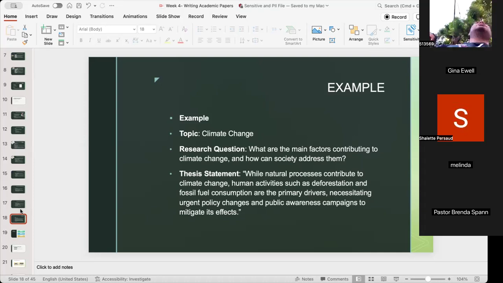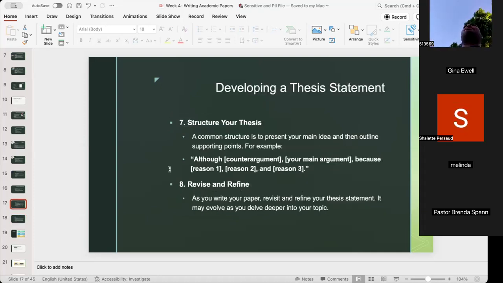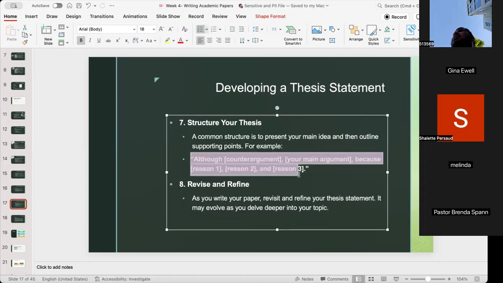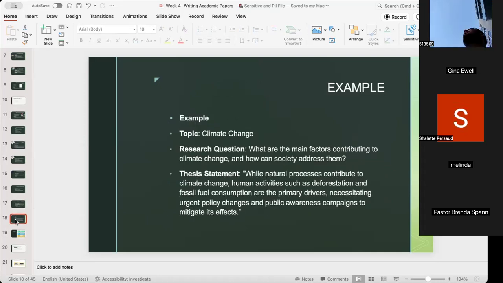So just like the example on the last slide about how to phrase your thesis statement, this example does that. It uses the word while, and then it says, yes, natural processes, things happening in our world, contribute to that climate change.